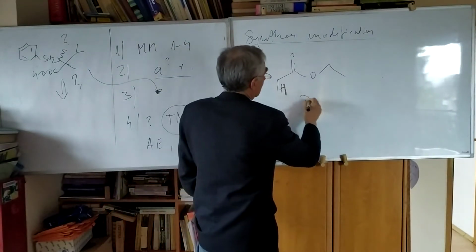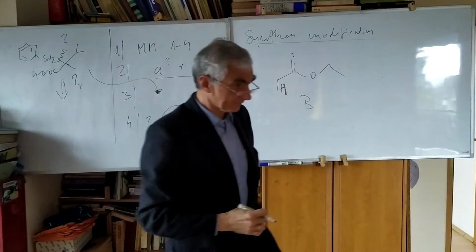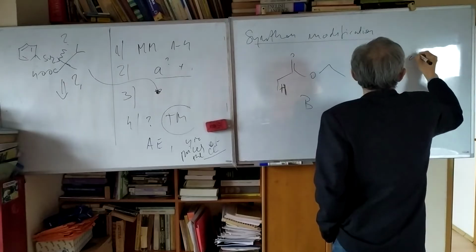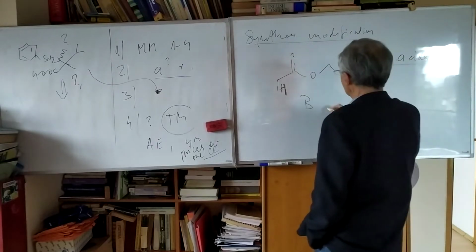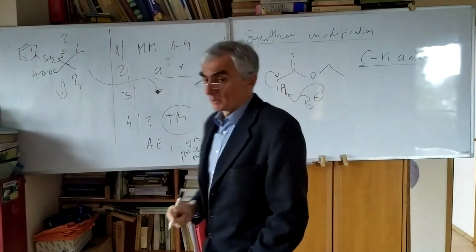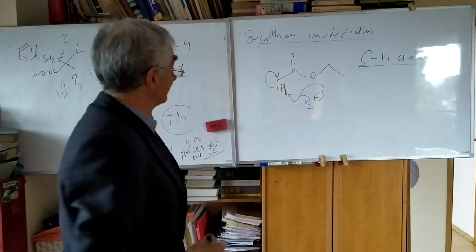So these are simply CH acids, so-called CH acids, and by the removal of this hydrogen we are obtaining a carbanion.